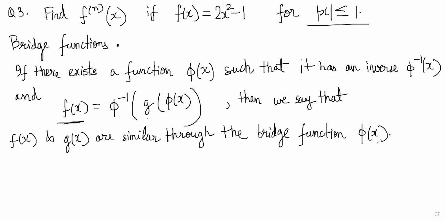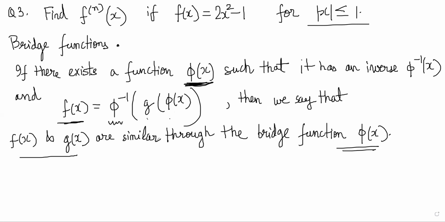Now, there's a lot to unpack here, but just focus on it for a bit. We are just saying that if we have a function f of x and there is a new function phi of x such that phi of x is invertible, and there is a third function g of x where f of x can be written as phi inverse of g of phi of x, then we will say that f and g are similar through the bridge function phi of x.